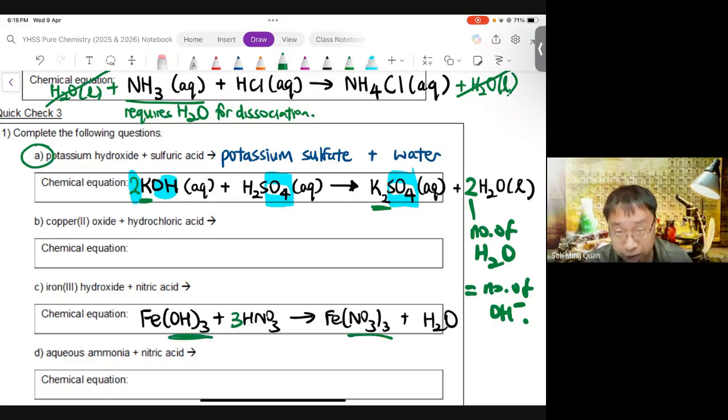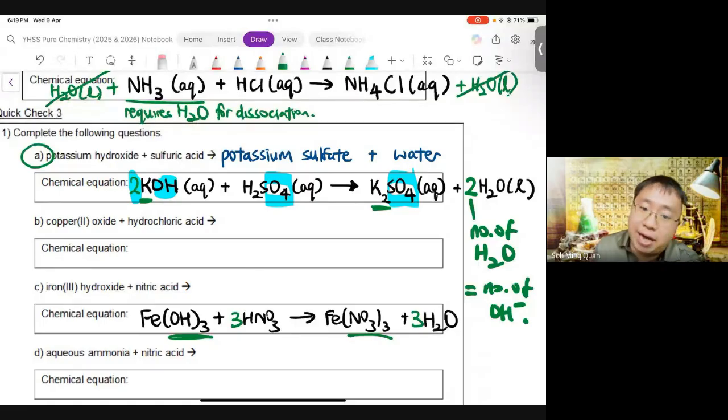There's 3 OH in the formula on its own, therefore 3 H2O. All right, so the answer for part C is really fast. Once you know how to balance the equation and the trick that the number of water on the right hand side is equal to the number of OH minus, you will be able to balance fast without having to count so many times. Okay, now I'm mindful of the time.